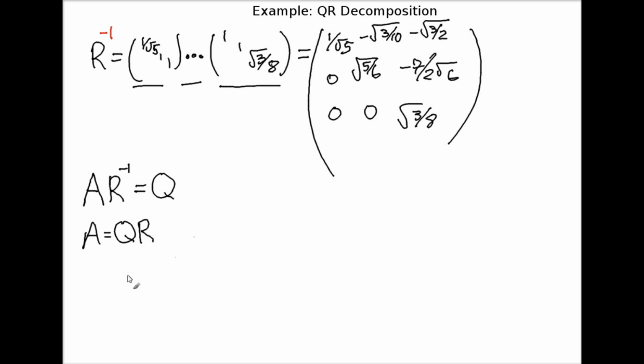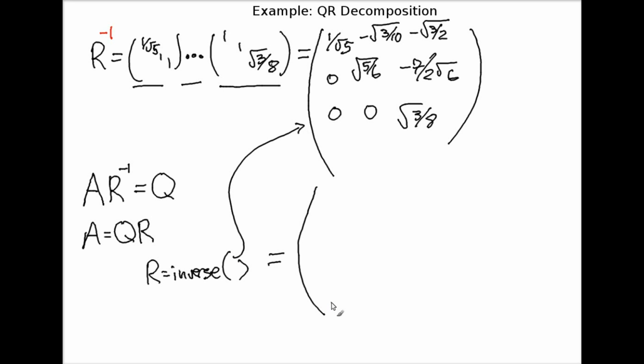And you just compute that R is the inverse of this matrix here. And it turns out to be the following: radical 5, square root of 6/5, square root of 8/3 down the diagonal.